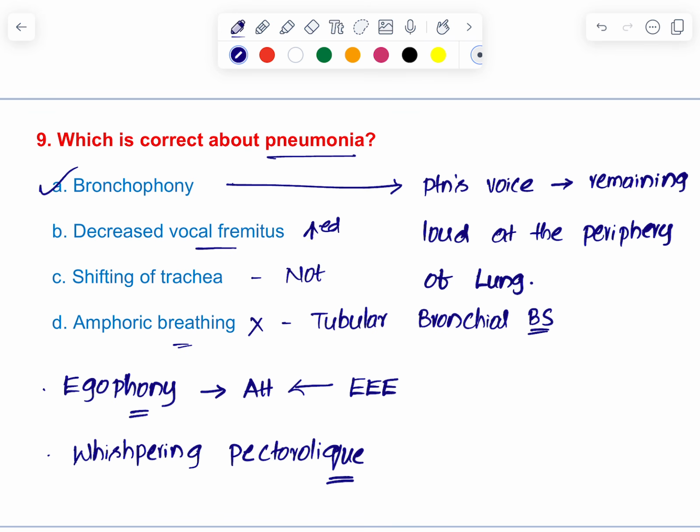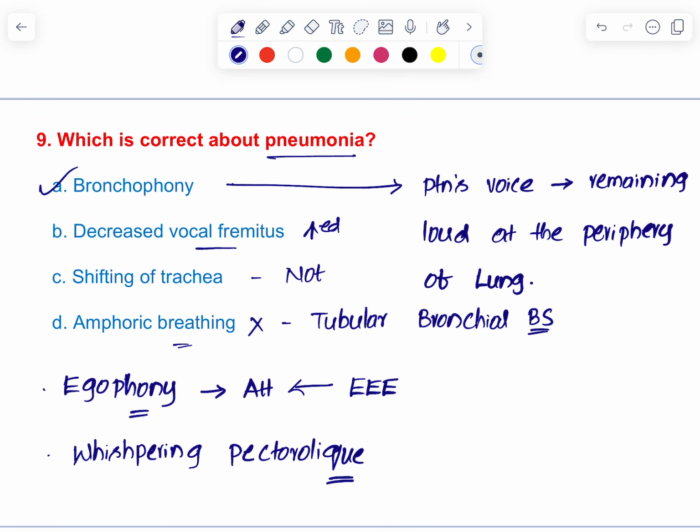You place the stethoscope over the consolidated area and ask the patient to whisper. Once the patient whispers, it appears that the patient is whispering directly into your ear. That is what is called whispering pectoriloquy. So these are all the additional auscultatory sounds you have in patients with pneumonia.